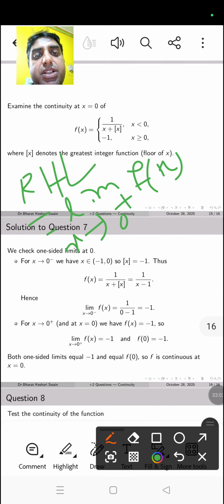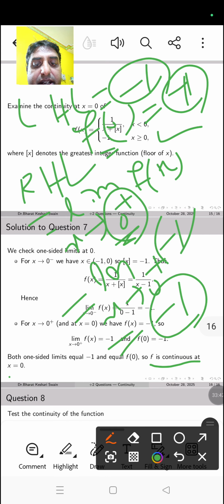So the result is minus 1. So LHL is equal to minus 1, the functional value is minus 1, and the right hand limit is also minus 1. All are equal, so the function is continuous at x equal to 0.